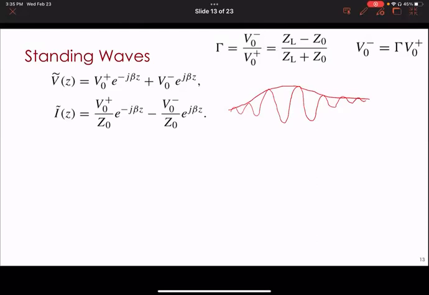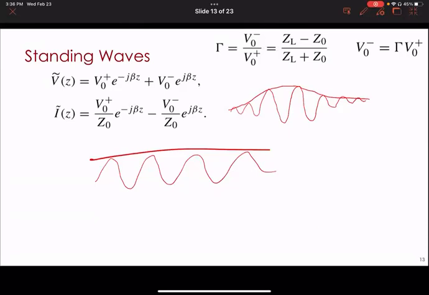If there was no reflected wave and you just had a regular old sine wave going down and you plotted the envelope, that's constantly going up and down, constantly oscillating with time, right? If you did the envelope, it would just be a straight line. Nothing interesting's happening.